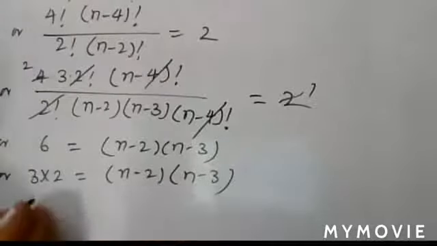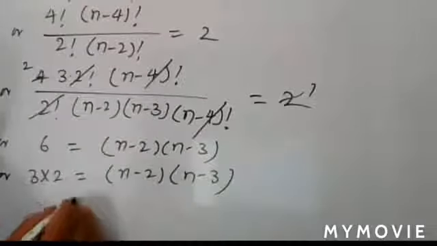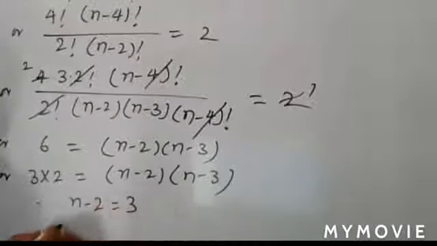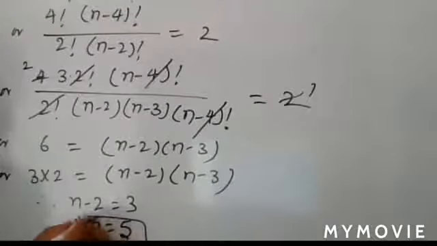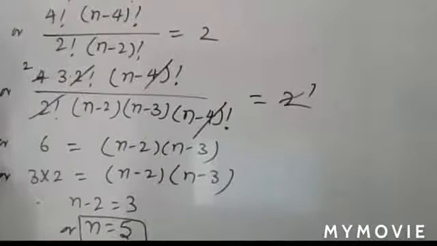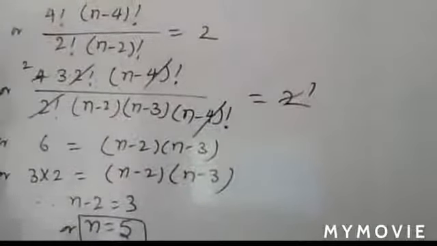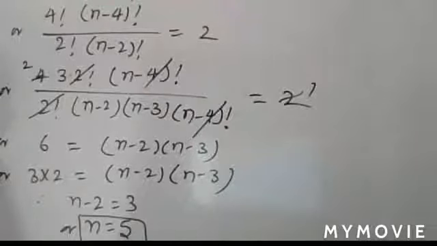So you can compare it, find the value of n. So if n minus 2 is equal to 3, you have n is equal to 5. So in this way, you can find the value of unknown quantity.